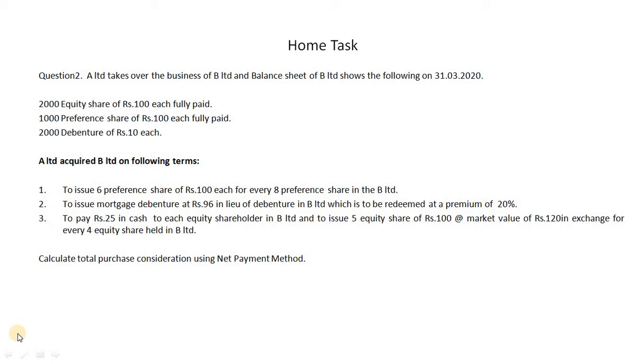So we have to know who is transferor company and who is transferee company. That I have already explained in my previous class, so there should not be any confusion. Now, shareholder means we will consider equity shareholders and preference shareholders.